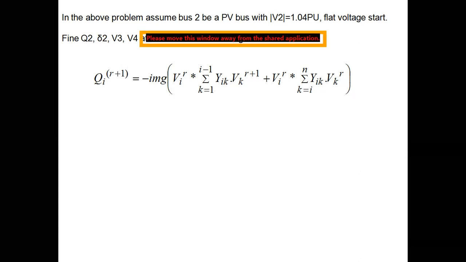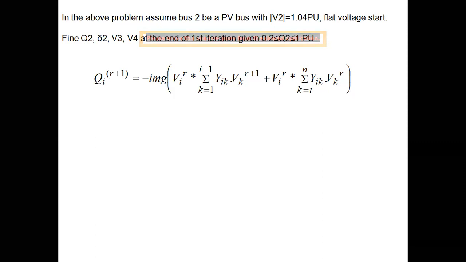1.04 per unit. But in the previous case, we had taken the initial value of the second bus voltage as 1 per unit. In this particular problem, you are asked to consider V2 equal to 1.04 per unit. Again, flat voltage start.